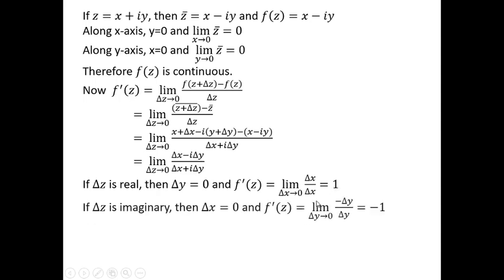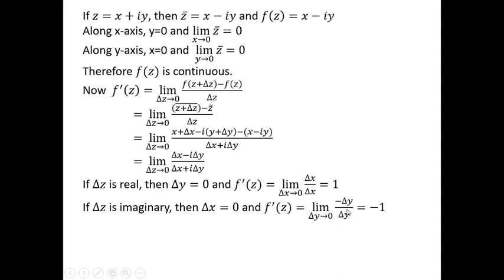And along the y-axis, that is, if delta z is imaginary, means the y-axis, then delta x value is 0. Therefore, f'(z) can be written as limit delta y tends to 0 of (minus i delta y) divided by (i delta y).